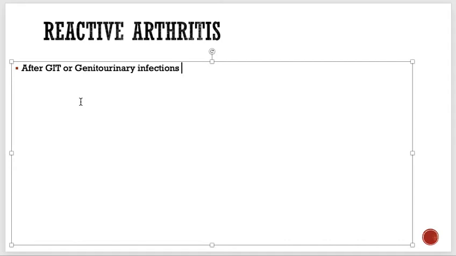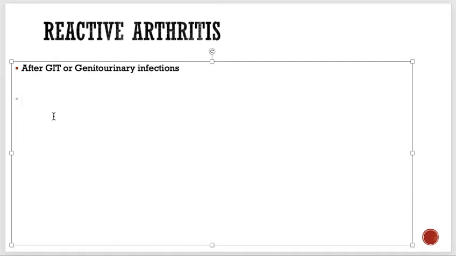So the onset of this condition is mostly after some GIT or genitourinary infection, and after that, this kind of reactive arthritis started appearing. Most of the patients who have this GIT or genitourinary infection, they found it is due to Shigella, Salmonella, Campylobacter, or chlamydia infections in most of the genitourinary infections.